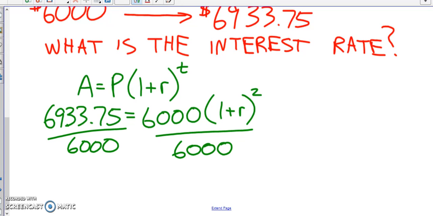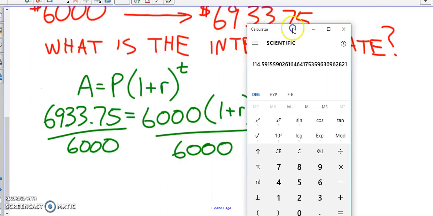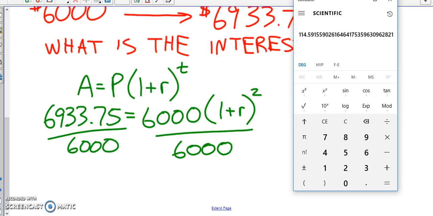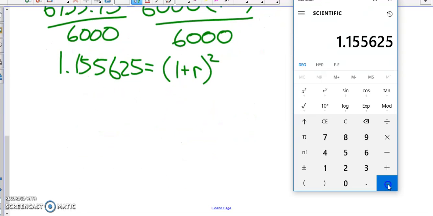I don't know what that is offhand, so I'm going to use a calculator. 6933.75 divided by 6,000 gives me this number. That would be 1.155625 equals 1 plus R squared.